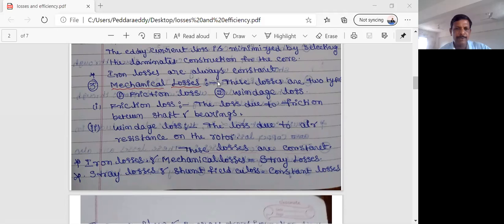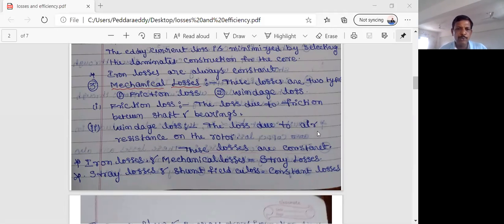Next, windage loss. Coming to windage loss, it is the loss due to air resistance. The core always rotates by pushing the air inside the generator.